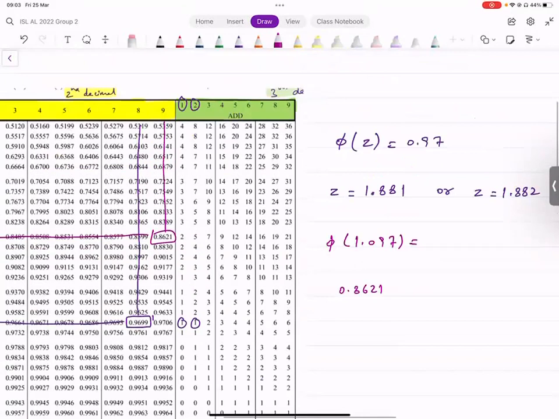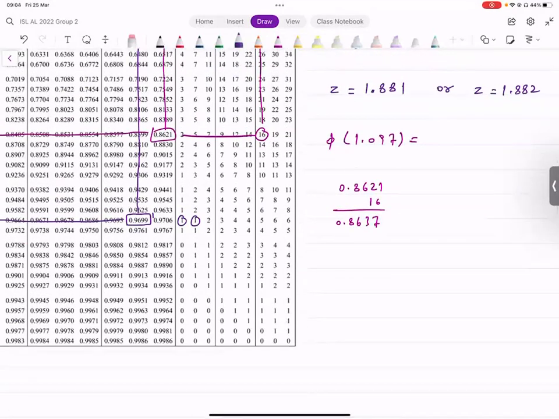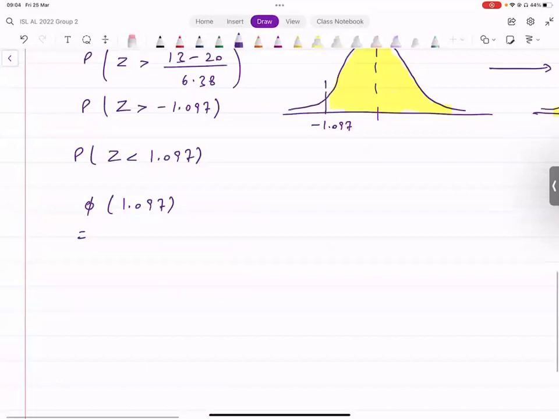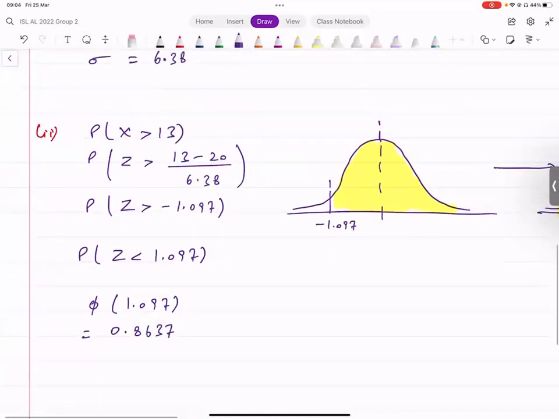And then 7 is the third decimal place. 7 पे आपके पास क्या आ रहा है यहाँ पे? 16. We add 1/6 to this. We get 0.8637. So this is 0.8637. ये जाके वहाँ पे लिख लें. 0.8637 is the probability that we had to find there.